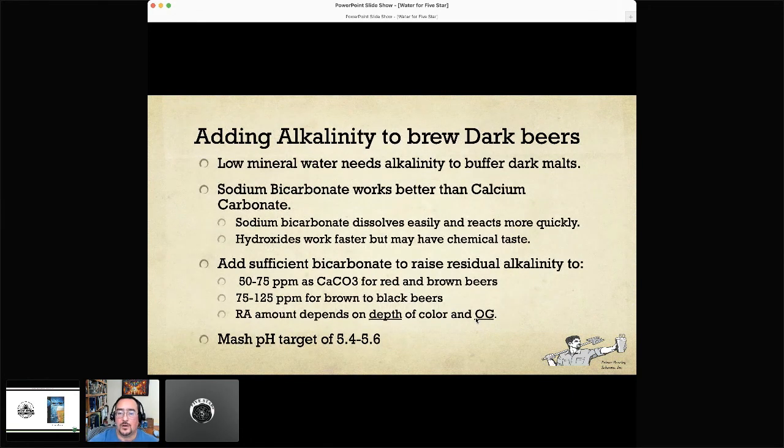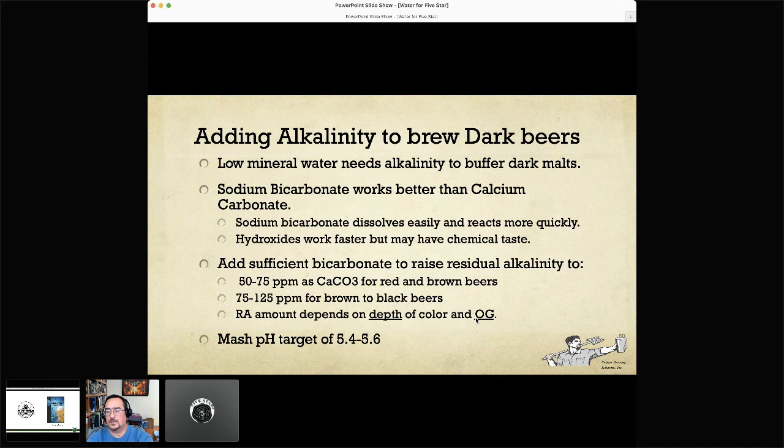If you're going to add alkalinity to brew dark beers, low mineral water needs alkalinity to buffer your dark malts. So sodium bicarbonate works better than calcium carbonate. It reacts much quicker, dissolves more easily. Hydroxides work even faster, and this could be calcium hydroxide, which is known as pickling lime, or it could be sodium hydroxide.